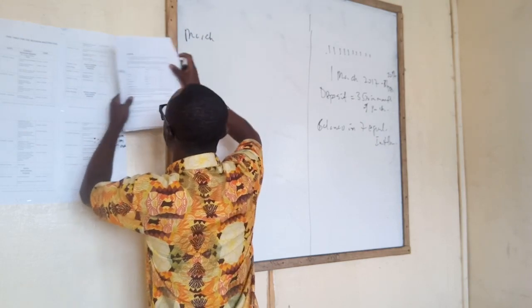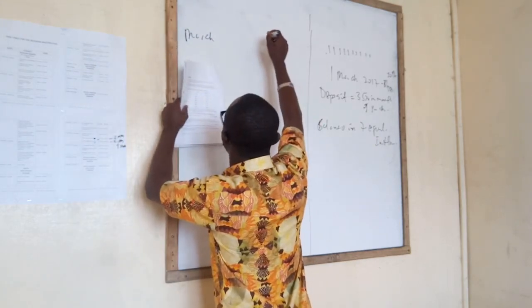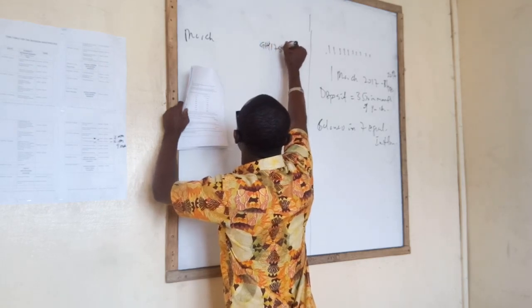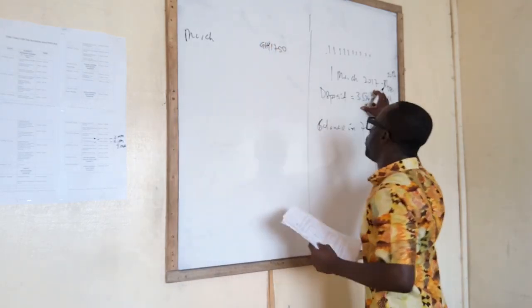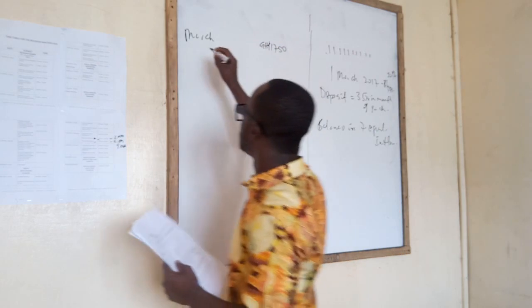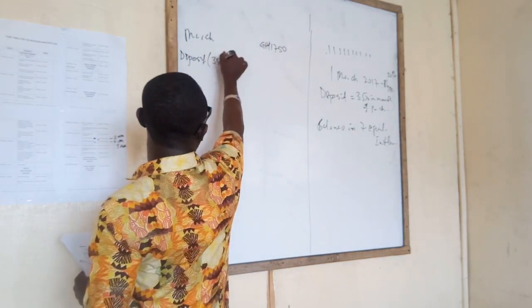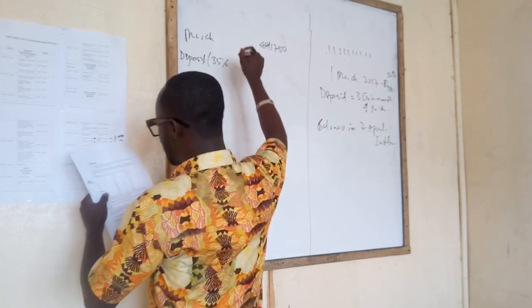For March, the hire purchase price was how much? 1750. Okay, so the people who make a deposit of 35% of that. Is it 35%?